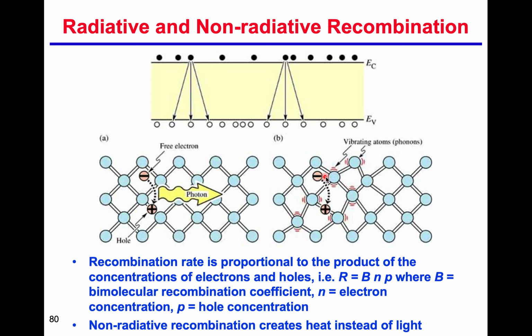On the other hand, it may release its energy through vibration, which we call a phonon. That is non-radiative, and the other is radiative, okay? Typically, for recombination we need one electron and one hole. So the recombination rate is typically written as B times N times P. B is a recombination coefficient, and N and P are the electron and hole concentrations respectively.